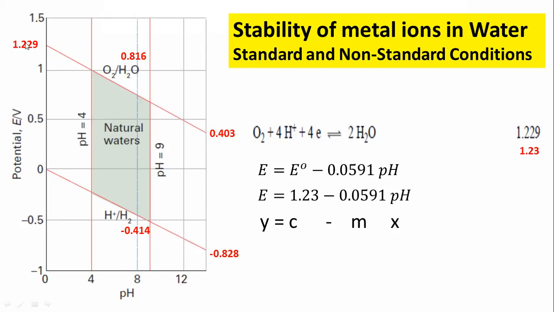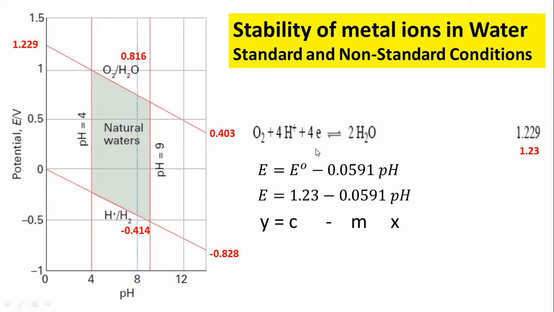So I have just mentioned over here the three values, and when you have the pH 14, 14 multiplied by this, and when you solve this one, you will get the value of 0.403. So this is your first half cell. Okay, so you can just put the values of the pH and you can plot a graph. So this is the first line by using this half cell.